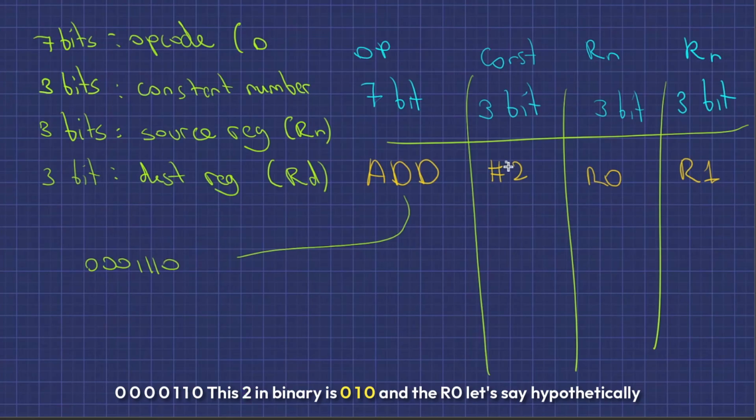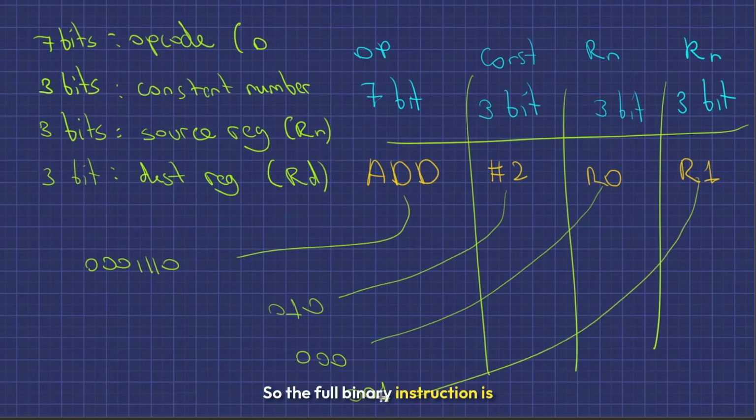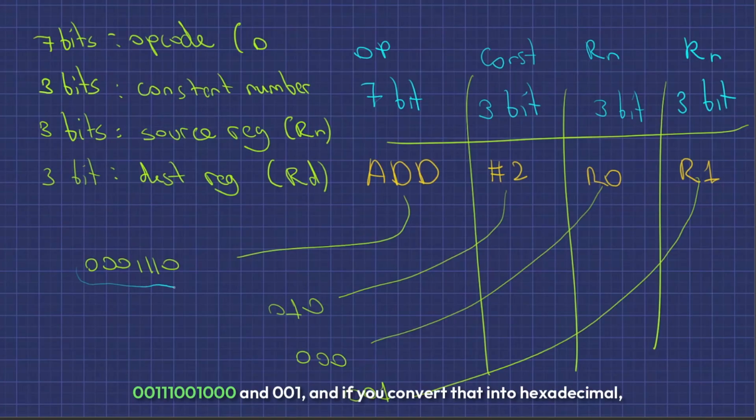This 2 in binary is 0 1 0, and R0, let's say hypothetically, is 0, and R1 is 0 0 1. So the full binary instruction is 0 0 1 1 1 0 0 1 0 0 0 0 and 0 0 1.